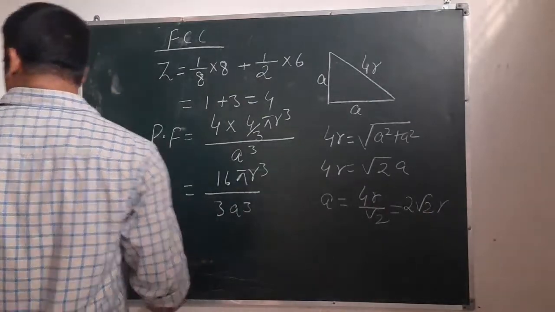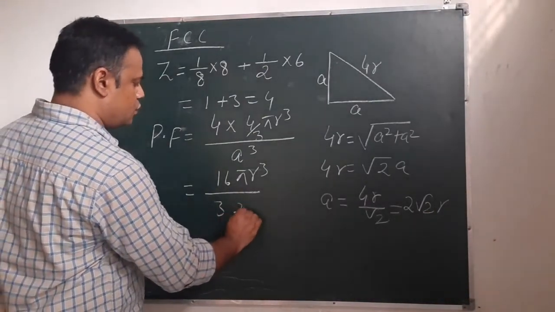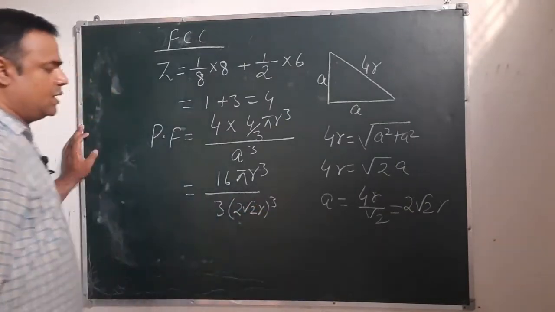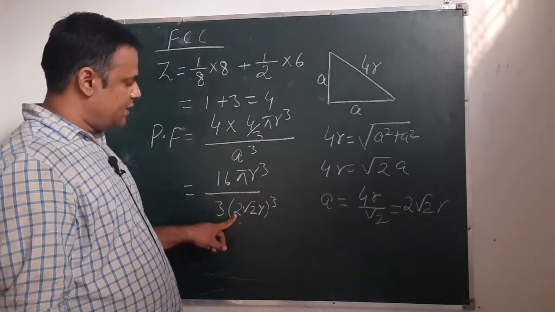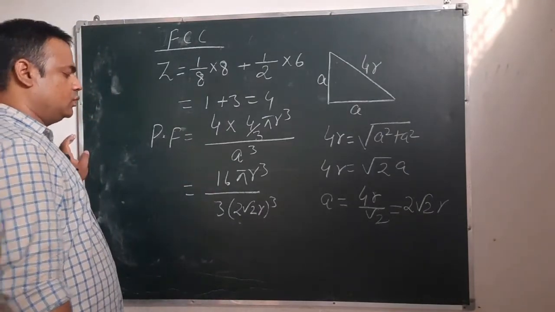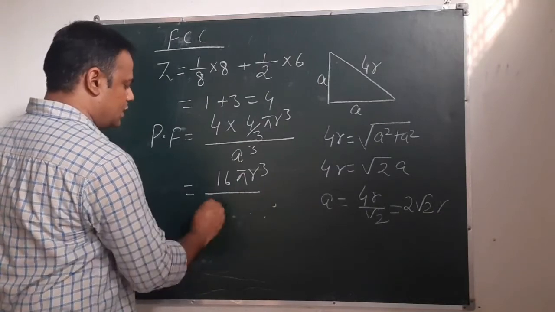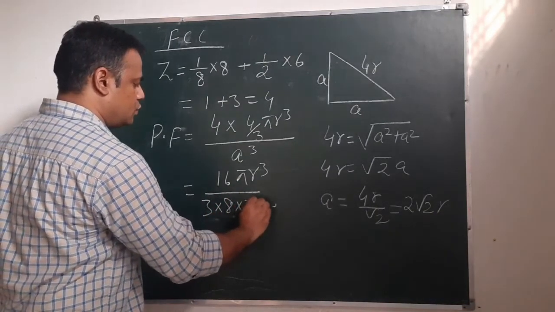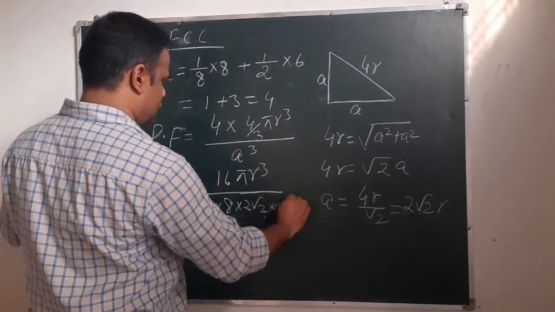So in place of this a, if we place (2 root 2 R) whole cube, then the cube of 2 will become 8, the cube of root 2 will become 2 root 2, and the cube of R will become R cube.